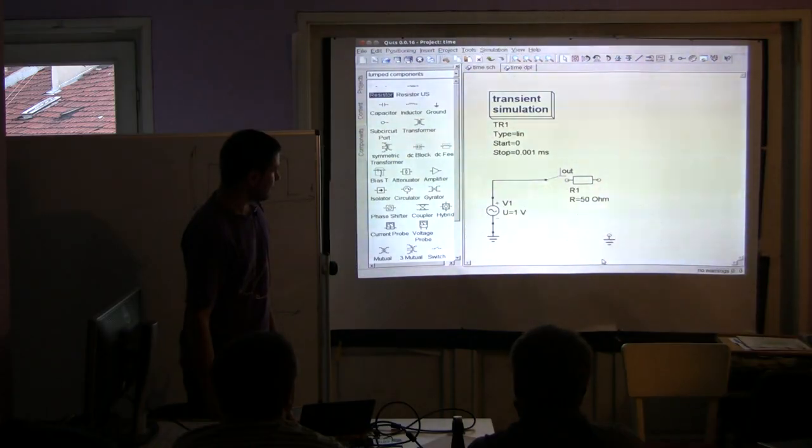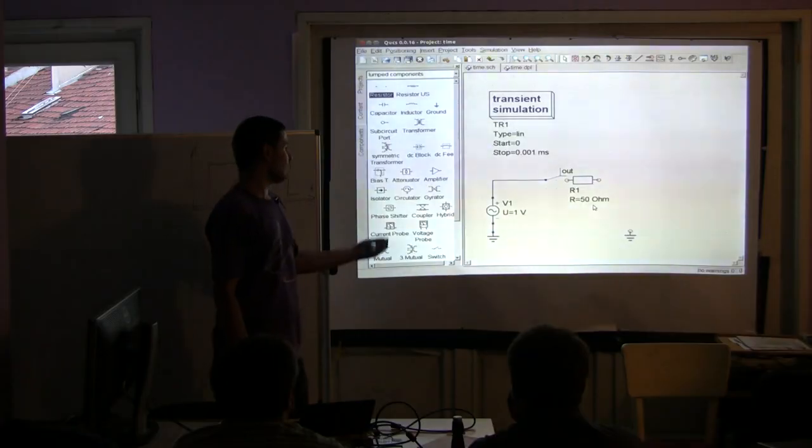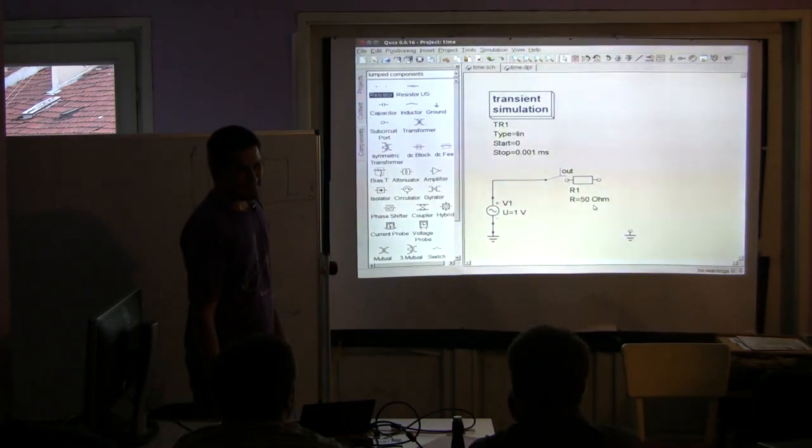What I want to show you is that we can control the current through this resistor by changing its value. It's obvious actually, but let's see how it's done in the simulator.